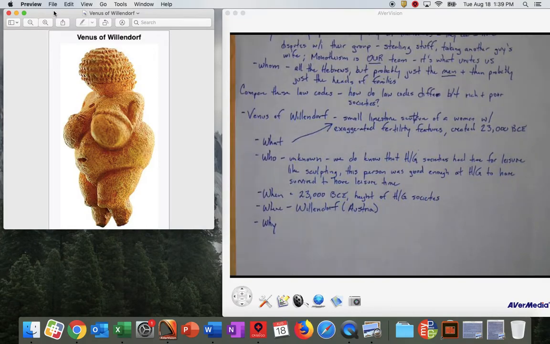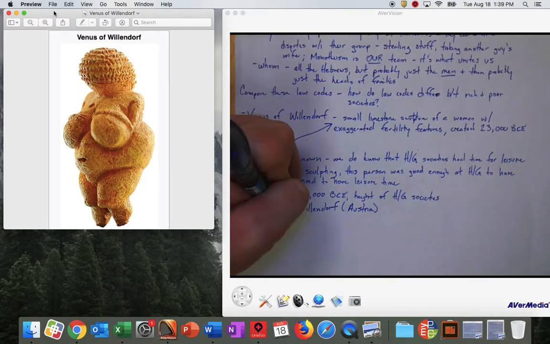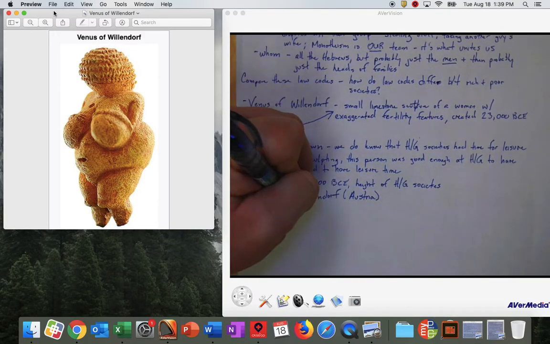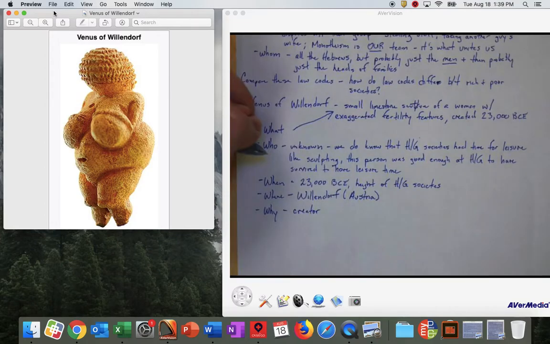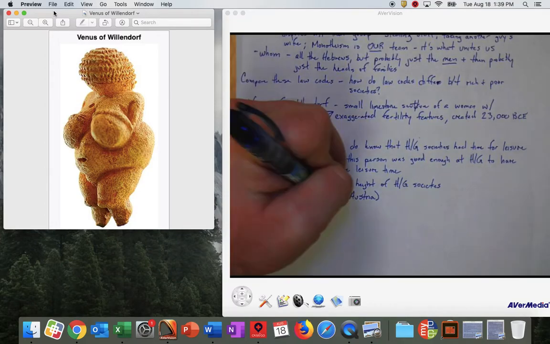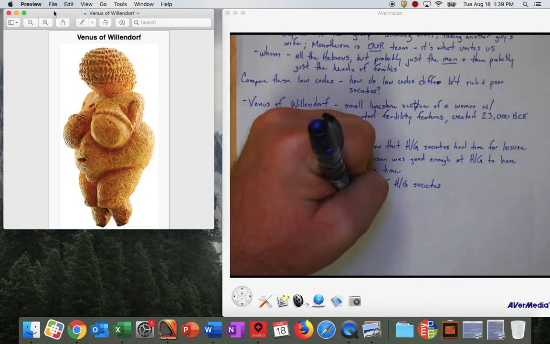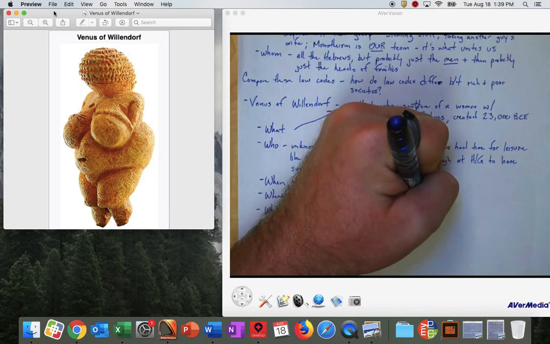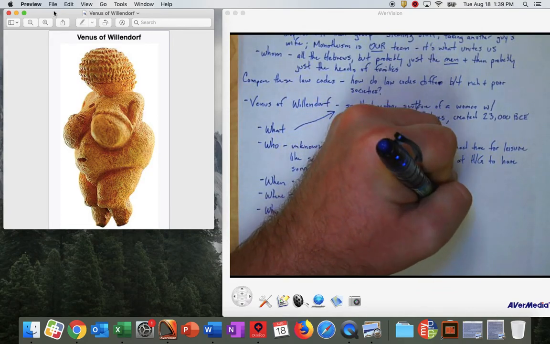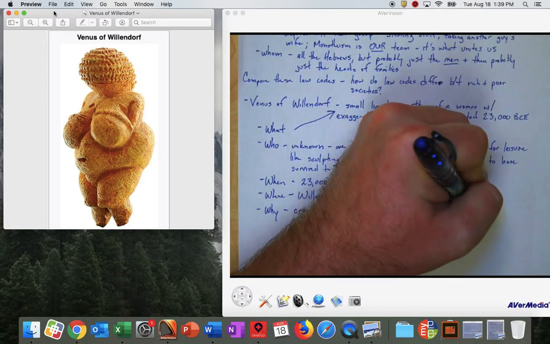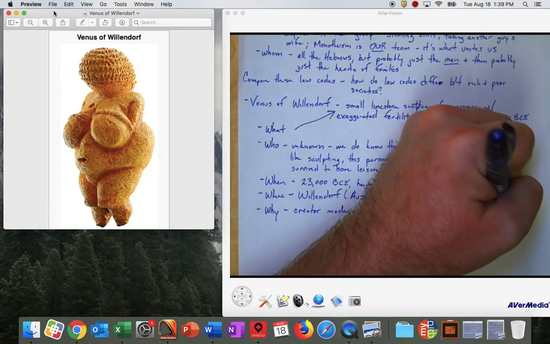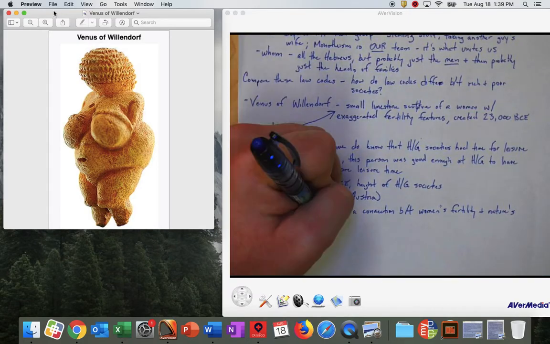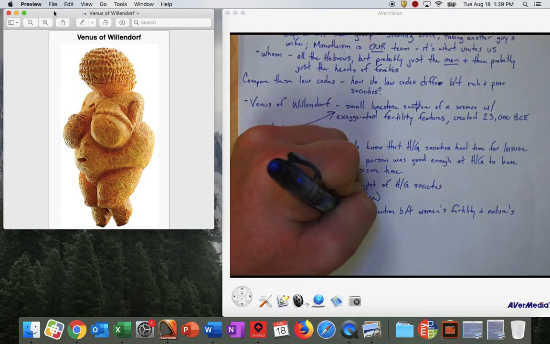Why was this created? Well, what most historians seem to think is that the creator of this sculpture made a connection between women's fertility and nature's fertility. Kind of thinking about this like the idea of Mother Nature.